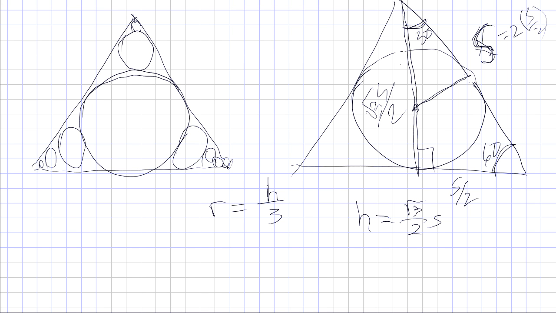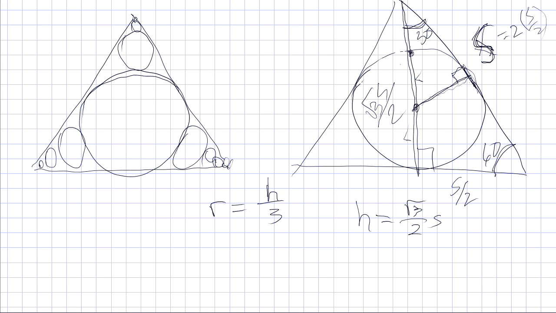Okay? Now, I want to prove that this right here, well, that's R, because it goes to that point right there. This is R. I want to prove that little bit right there is also R. How can I do that? Well, if I draw the radius to the tangent line, to where this touches the circle, that angle right there is a right angle.